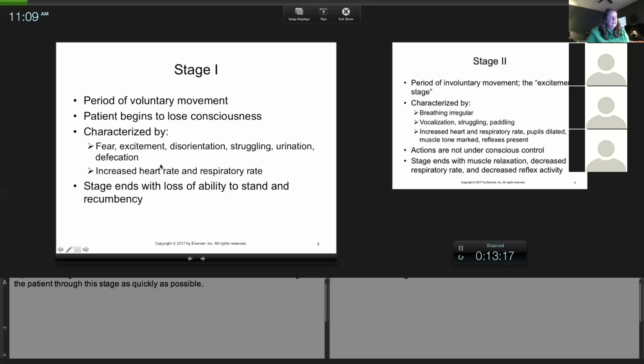But what we tend to see in stage 1 is they're not usually able to stand and maintain their recumbency. Sometimes they lay down, sometimes they sit. Although I will tell you, you'll give the drugs IV, and they'll pass through sedation pretty quickly and get pretty deep.